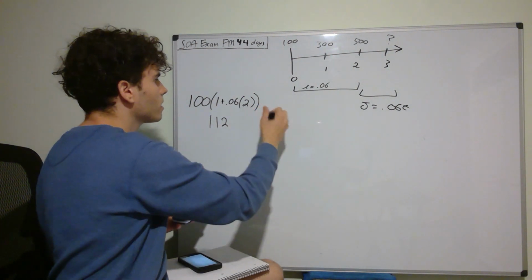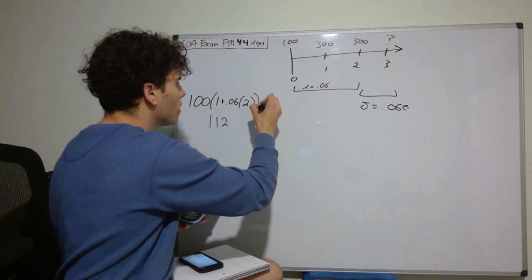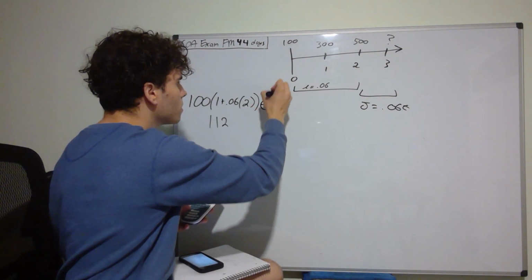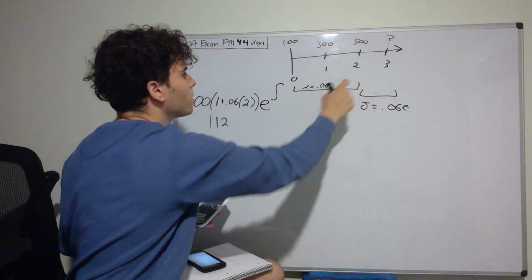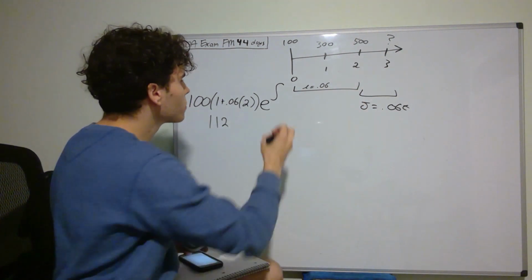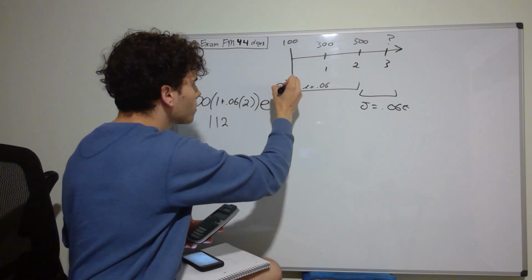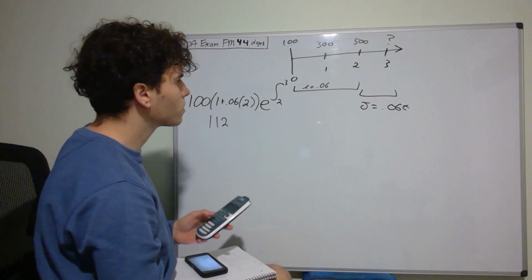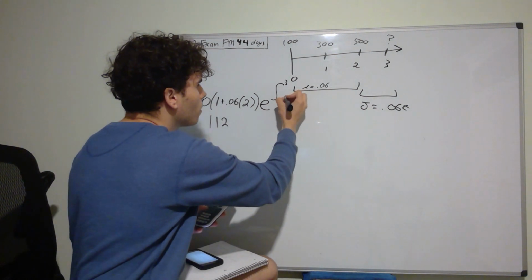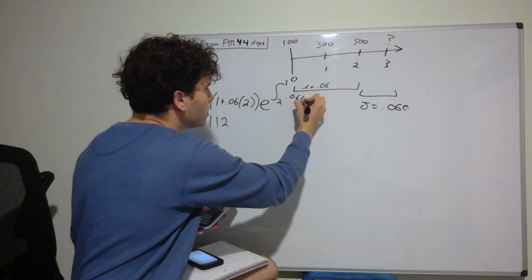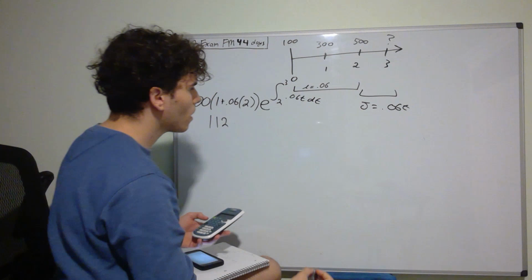So we can take this entire thing and multiply by e raised to the integral, since we're going from time 2 to 3. So the lower bound is 2, upper bound is 3, of 0.06t dt.